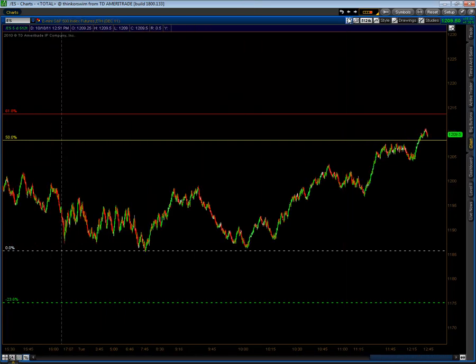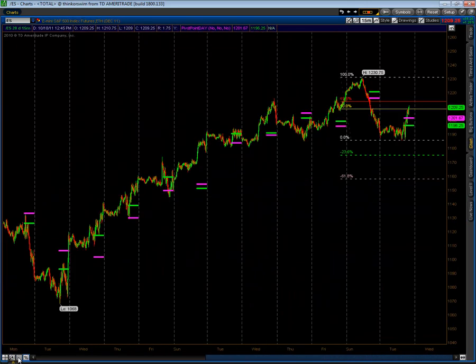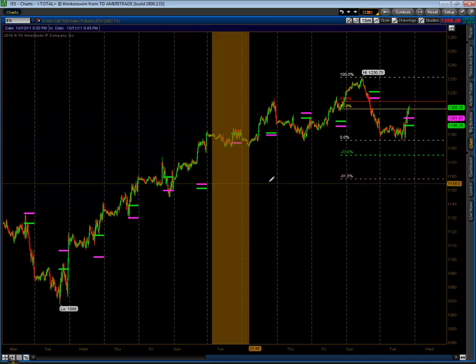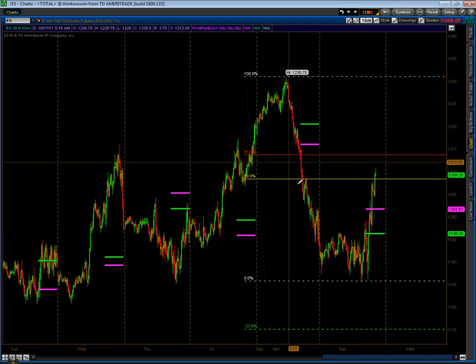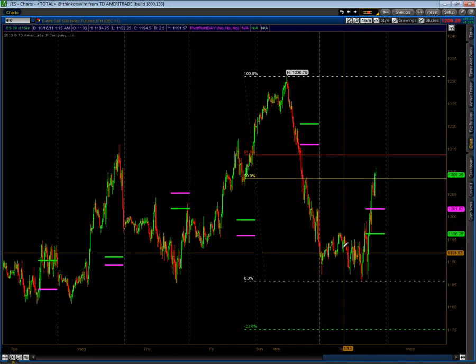So that's pretty much it for the system. Hopefully you were able to see how precise the entries can be and how these levels are respected, and that knowing where you are in the bigger picture is extremely important. There's a lot of people out there right now who just saw this as a buy the dip opportunity.